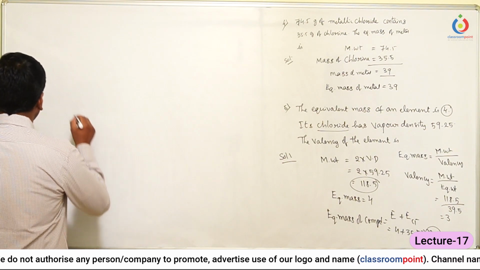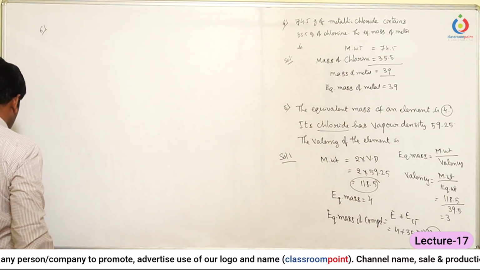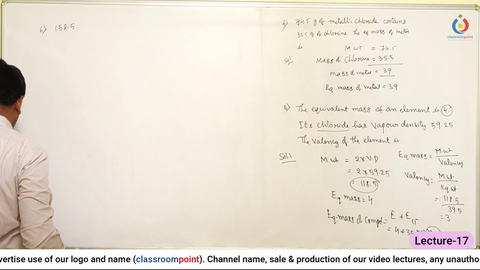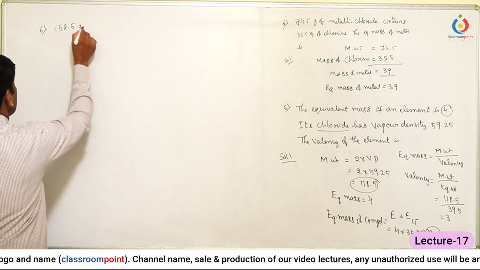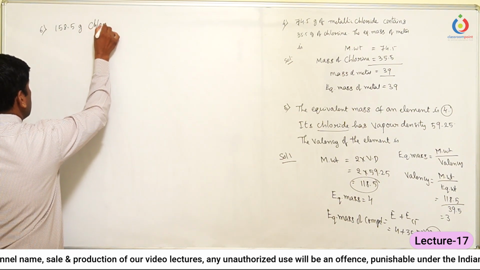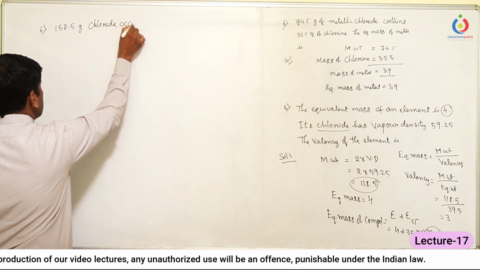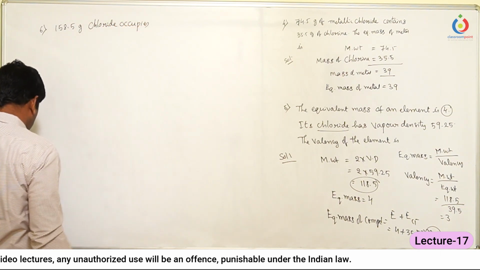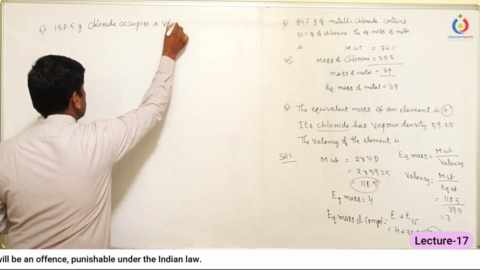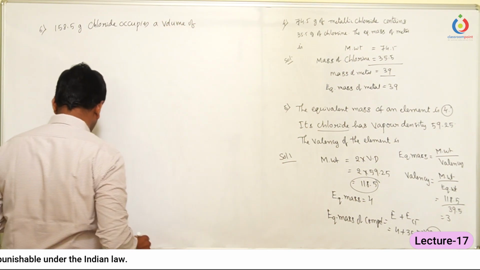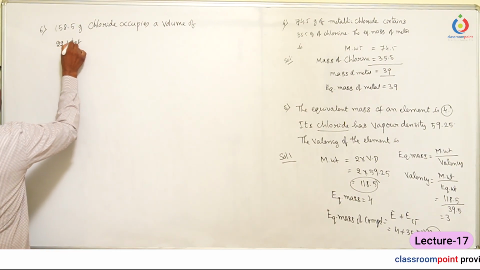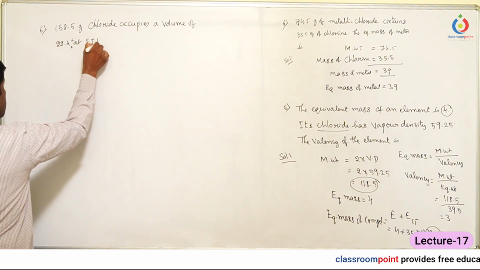So let us solve one more question. 158.5 grams of chloride occupies a volume of 22.4 liters at STP.